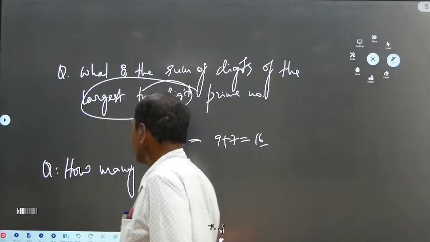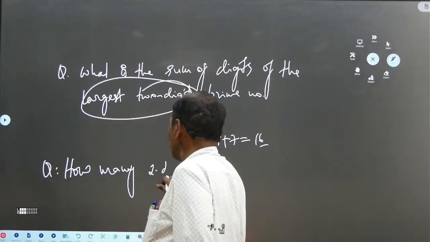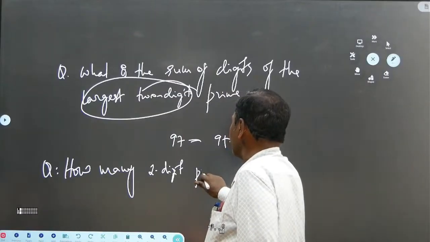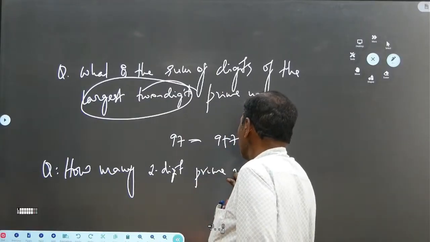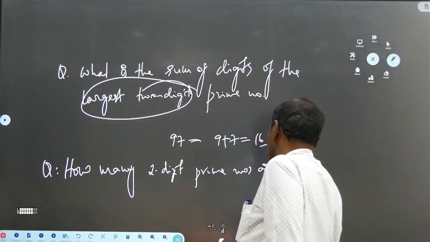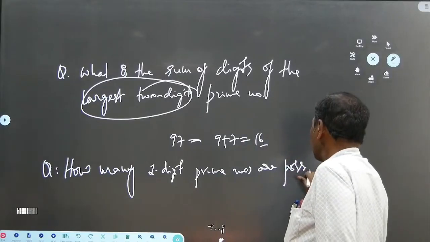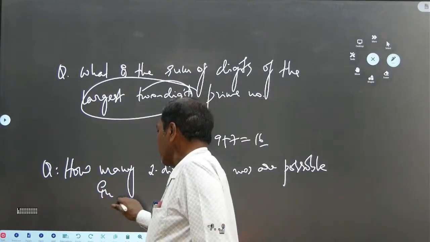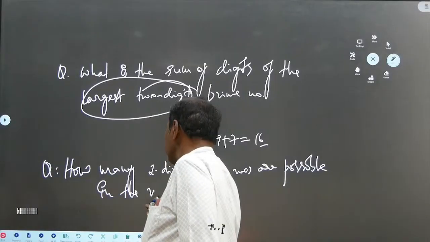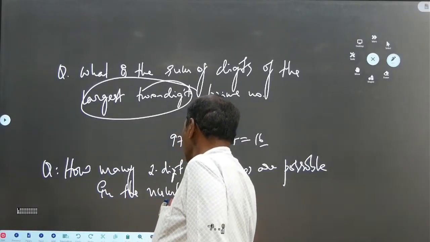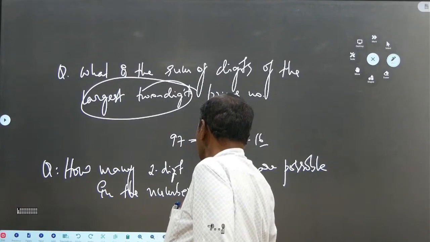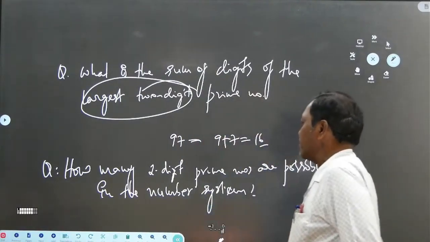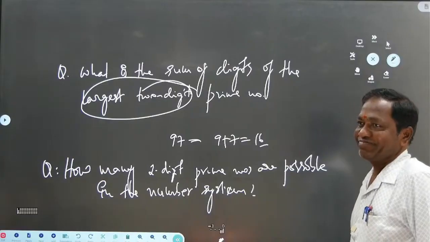How many two-digit prime numbers are possible in the number system?